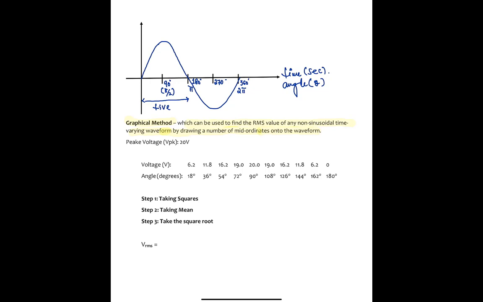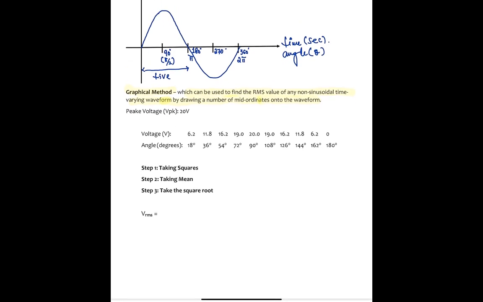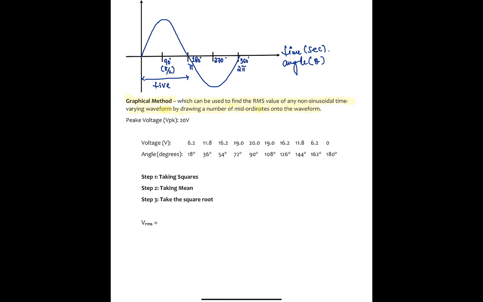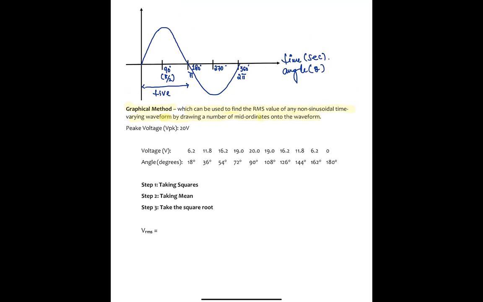Now there are three steps. Imagine that we have this AC signal right here, and for this AC signal we are trying to find the VRMS, the constant potential which is going to be equivalent to any DC potential in a given circuit.